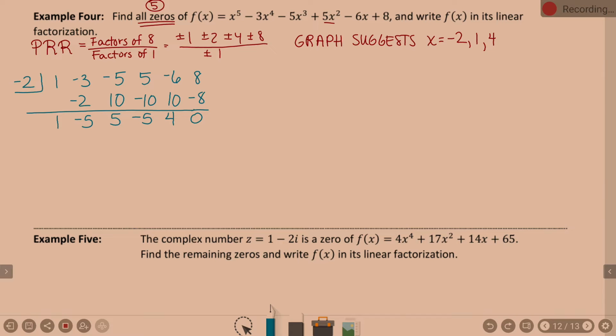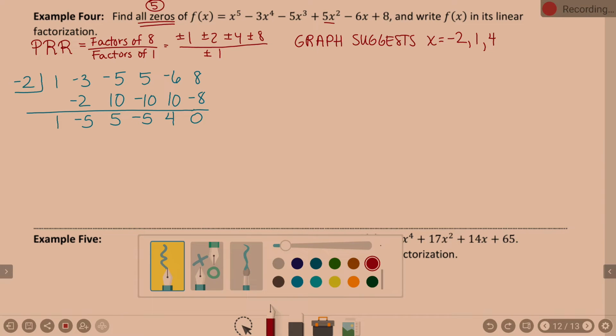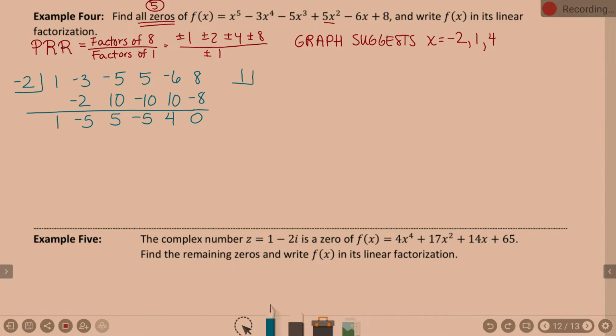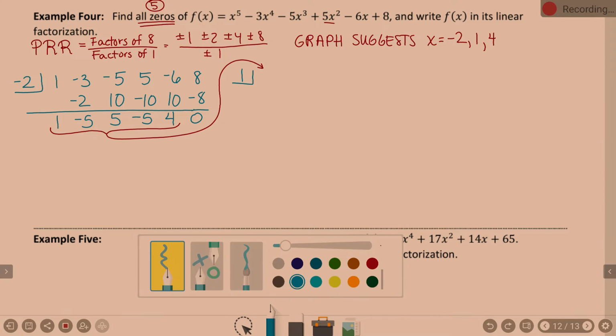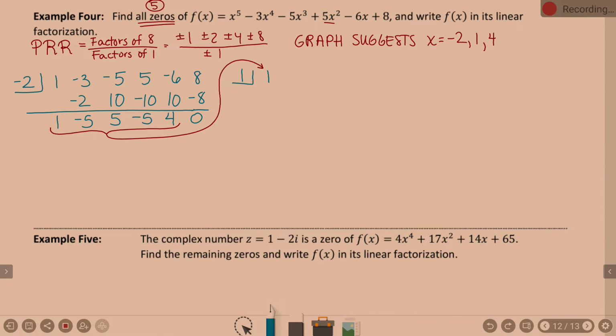Now we've got to try another one. If I use 1, what's the key? Use the answer to your previous problem, because we're trying to factor this down so we can find our two imaginaries. So 1, -5, 5, -5, and 4.